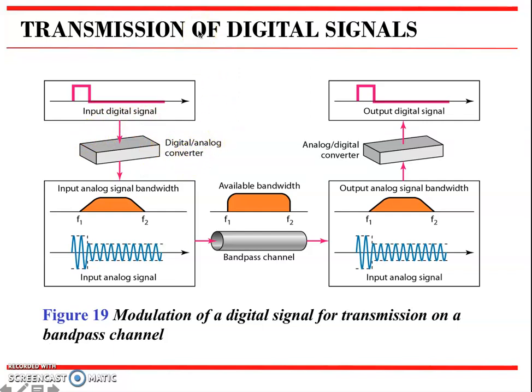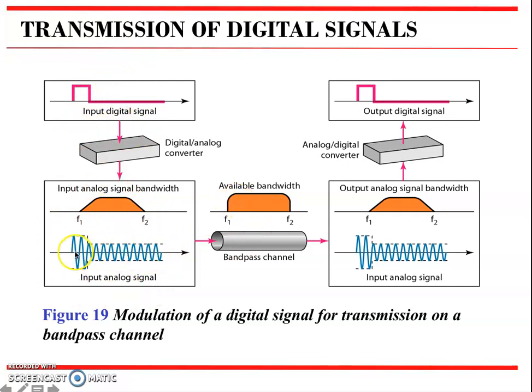Kita memang tak nampak dengan mata kasar kita. This is the process yang dia buat sebenarnya bila dia menggunakan broadband transmission. So bila ada digital data, we need to convert to analog signal first. Okay, this is the example of that.